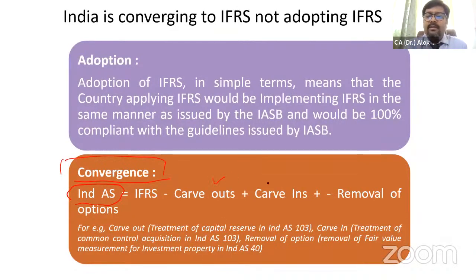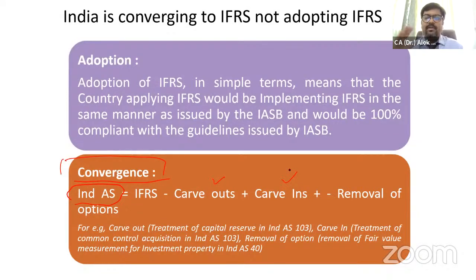What is meant by carve-in? Carve-in means a specific guidance in the IFRS scenario was not there, but while drafting Ind AS, we have incorporated additional guidance. So again, in business combination accounting, we have incorporated a specific guidance. IFRS says that business combination accounting has to be taken at fair value, right?